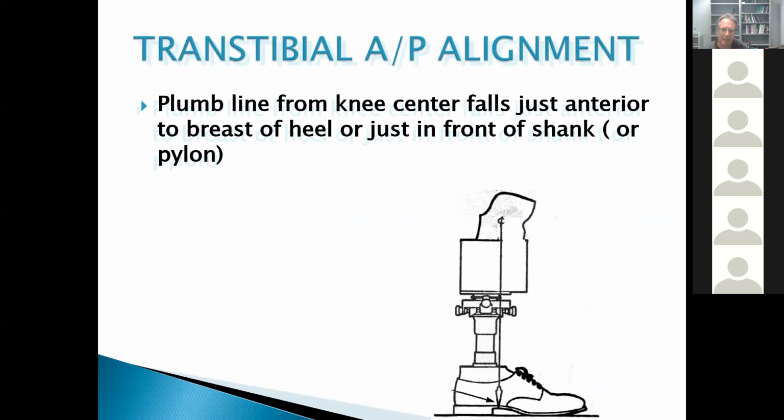So the epicondyles within the residual limb within the socket should be anterior to the breast of the heel, but actually I think more important, and because this is still true no matter what kind of shoes the individual is wearing, they're actually anterior to the pylon.